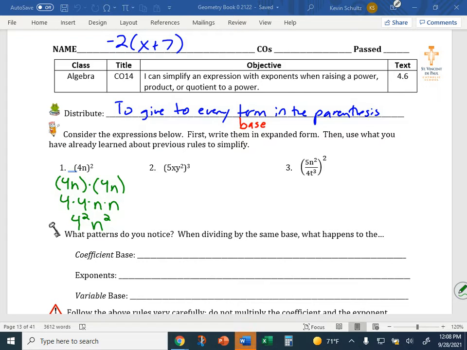Number 2, what's being cubed? Again, pay attention to those parentheses. 5xy squared, the whole thing. So we've got 5xy squared times another 5xy squared times another 5xy squared.